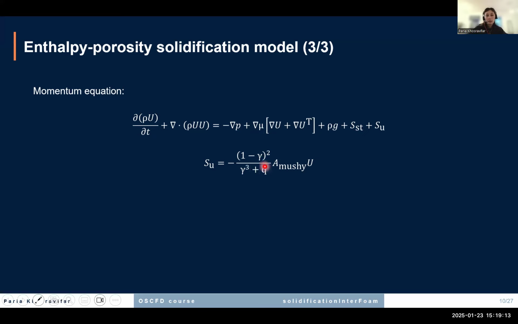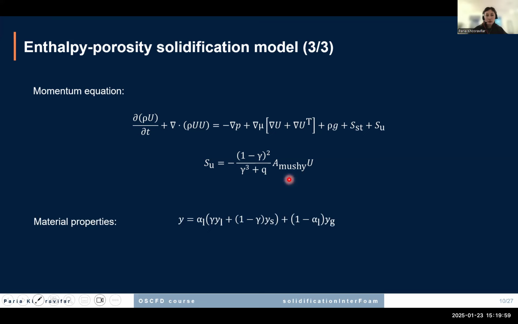Here gamma is the volume fraction of a liquid that I mentioned in the previous slides. Q is a constant to prevent this denominator from being zero. A Mushy is known as the Mushy zone constant, and it influences the rate at which the source term dominates the momentum equation, and its value is different in different articles, but it's something like 10 to the power of 7.